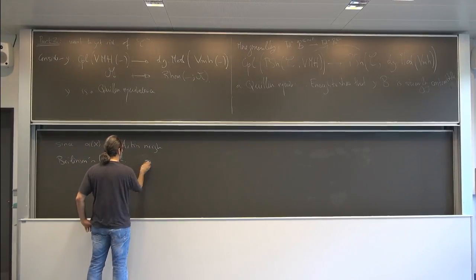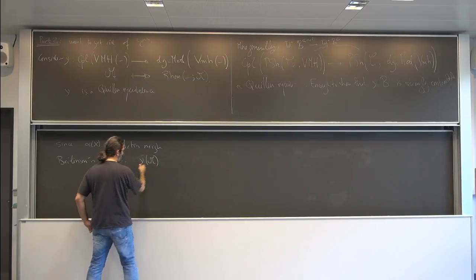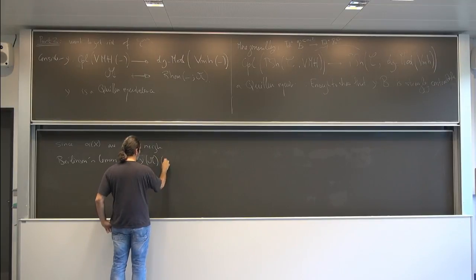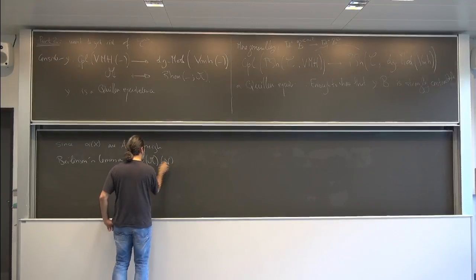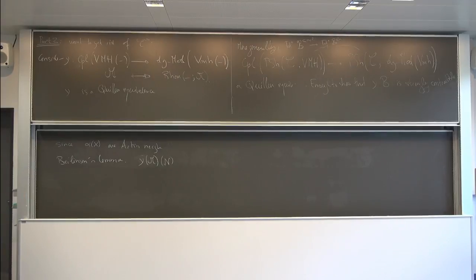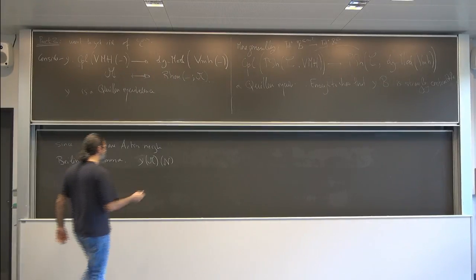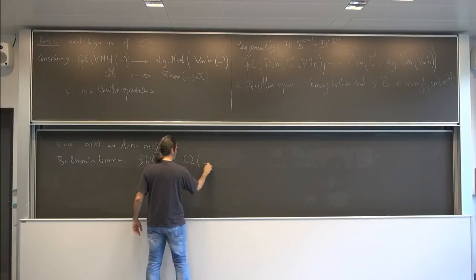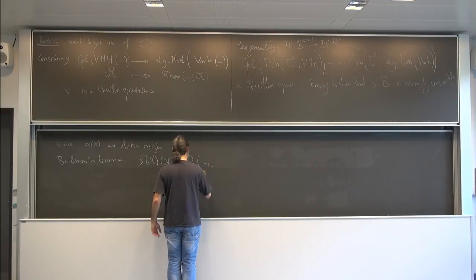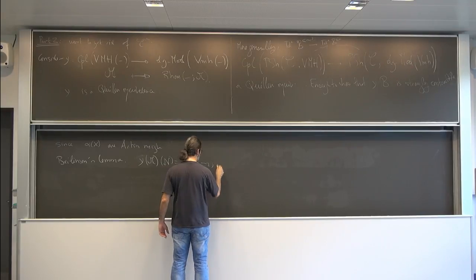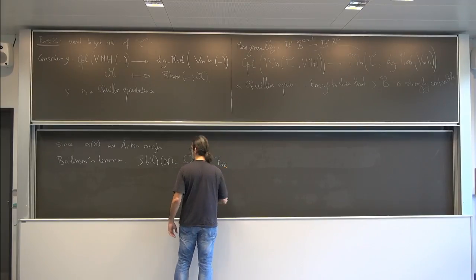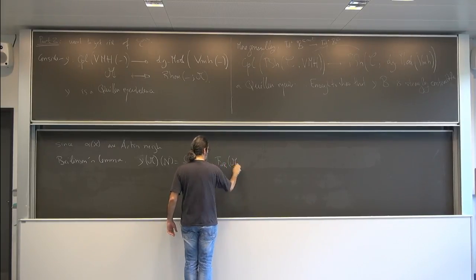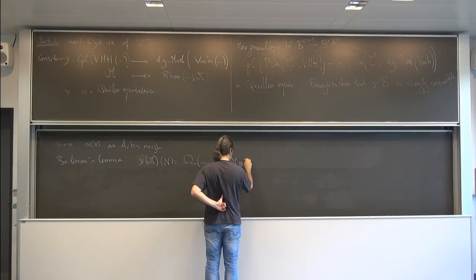So if you want, the Yoneda embedding of M applied to N has a simpler form, which is given by the RHom complex with values in the RHom of M tensor N dual.